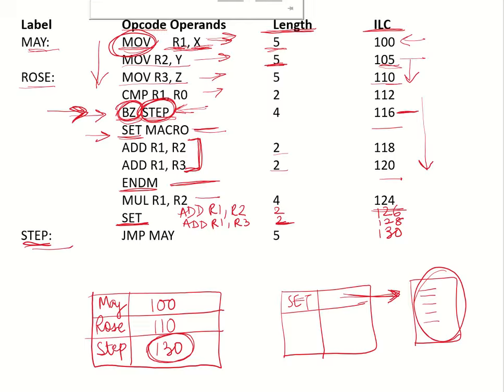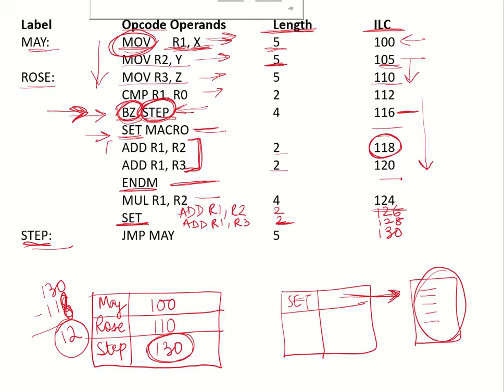So the offset is 130 minus 116. That is the offset that has to be provided. However, when this instruction will be executed, the program counter would always be pointing to the next instruction. So the offset that will be computed would be 130 minus 118, which is 12. So this step will be replaced by the binary of 12.